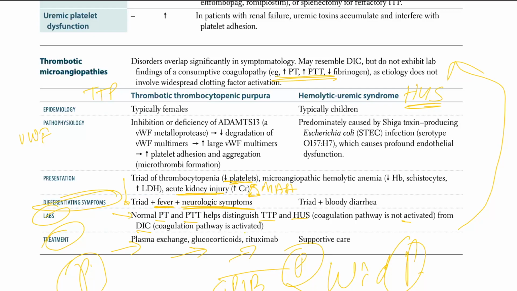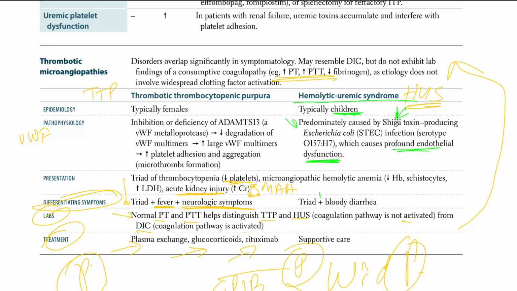Okay, so now let's change the color and talk about HUS. Well, HUS, what do we have here? This is seen in children, predominantly caused by Shiga toxin producing E. coli, STEC infection, serotype O157:H7, which causes profound endothelial dysfunction. So what's the cause?